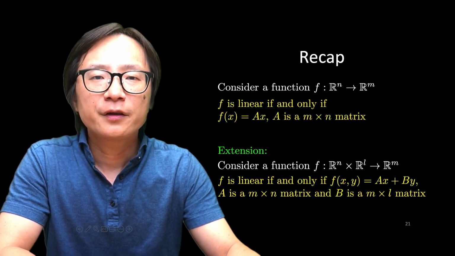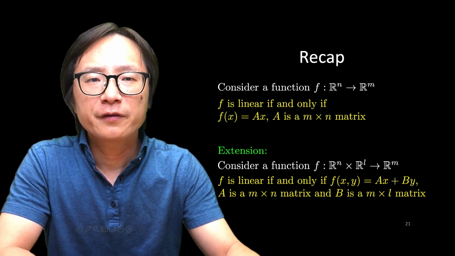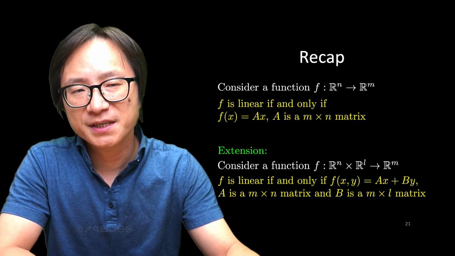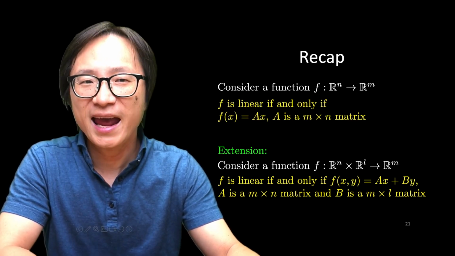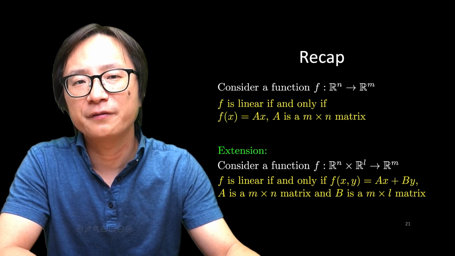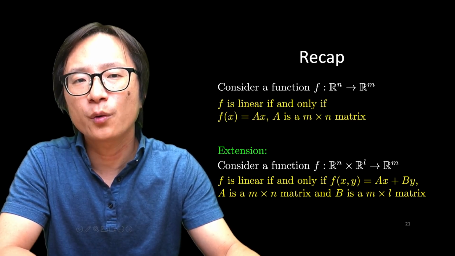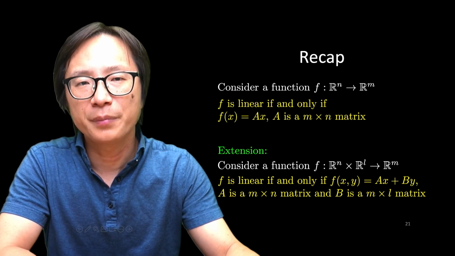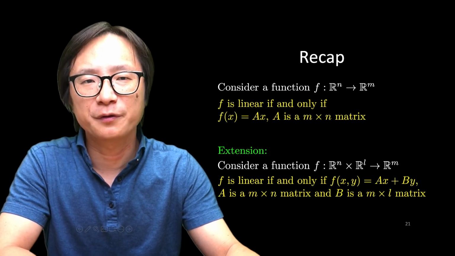In this case, this f is linear if and only if there are two matrices instead of one, two matrices A and B, such that f(x, y) is equal to Ax plus By. This fact can be proved similarly.